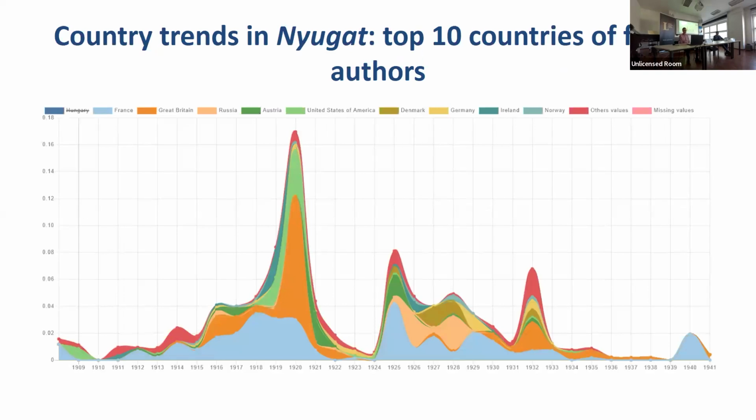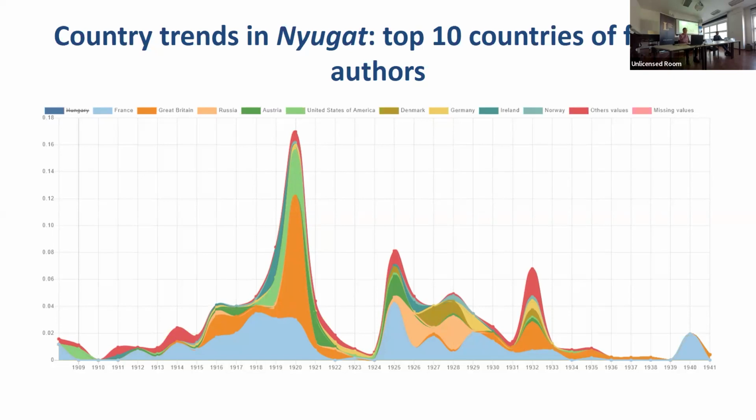You can see the country trends in Nyugat, the first top 10 countries of foreign authors. Notice the peak around 1920. I think you can't see the actual numbers. In 1920, there is a maximum point of this function, and this is related to basically British and American authors.